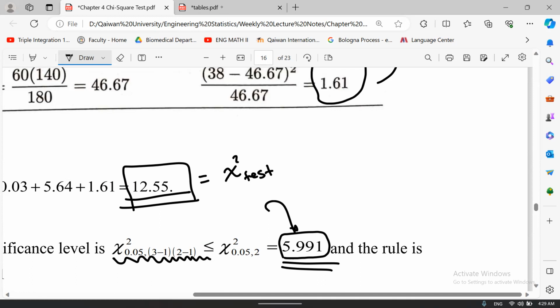The chi-square test is bigger, which means we reject the statement we have for H naught. Both smoking and insomnia are not dependent.